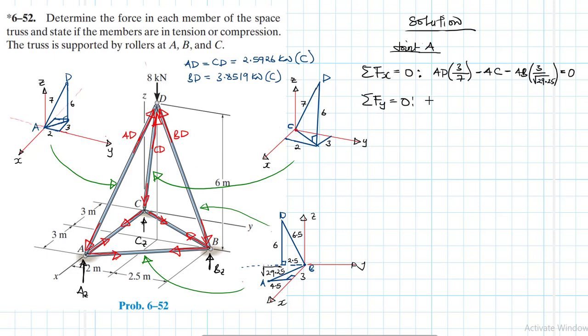AD. In the y, we expect it to be negative, so it will be minus AD by 2 divided by 7. AC in the y is going to be positive, so it will be plus AC.